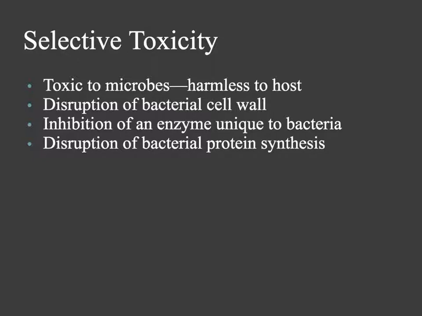It could disrupt the bacterial cell wall, inhibit the enzyme unique to the bacteria, or disrupt protein synthesis. Okay, so those are the three ways. And we're going to spend a lot of time talking about disruption of the bacterial cell wall with your penicillins and cephalosporins. And then go through all the other two steps with different antibiotics as well.